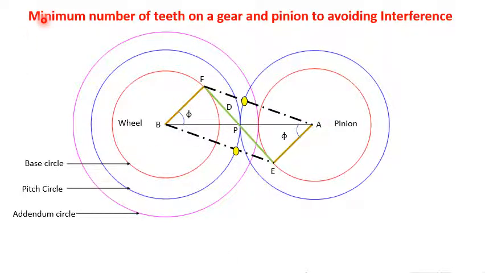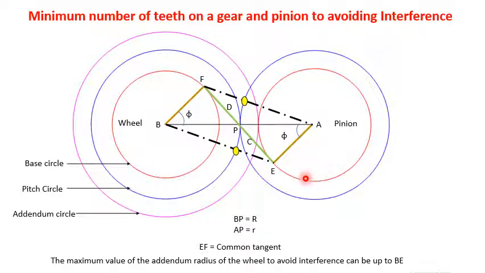Here the portion FP is represented by D and portion PE is represented by C. In this diagram, BP is the radius of the pitch circle for the wheel, represented by capital R, whereas for the pinion, AP is the radius of the pitch circle, denoted by small r. And we know that EF represents the common tangent to the base circle.